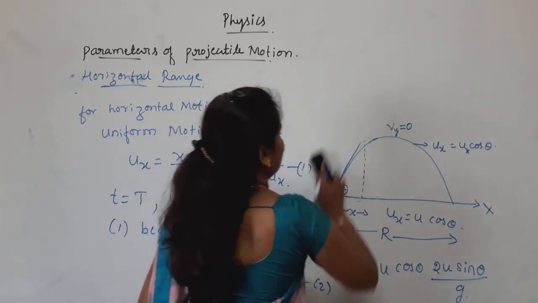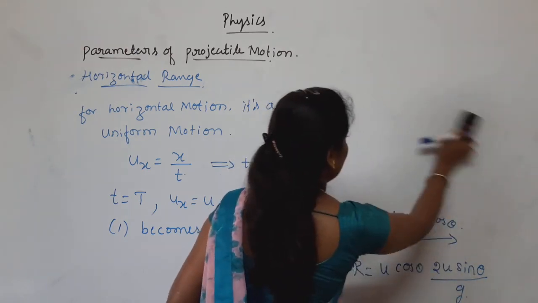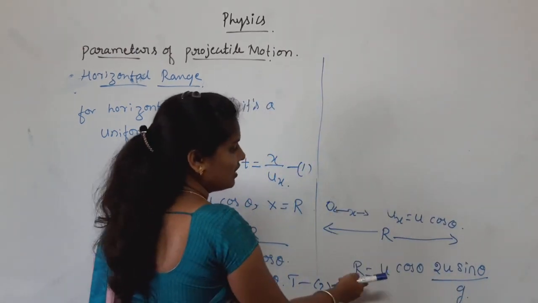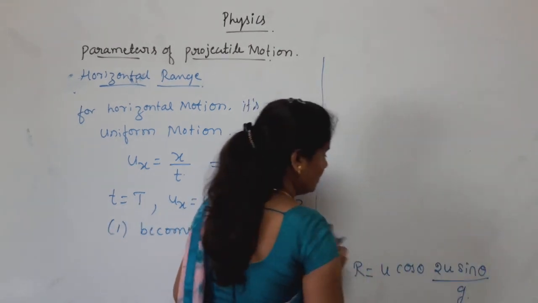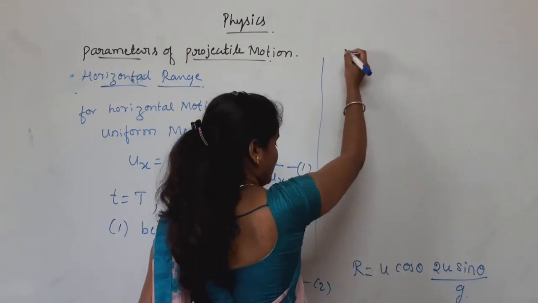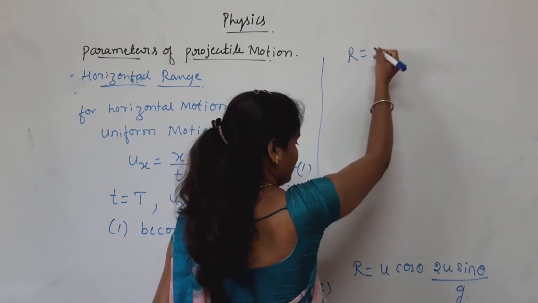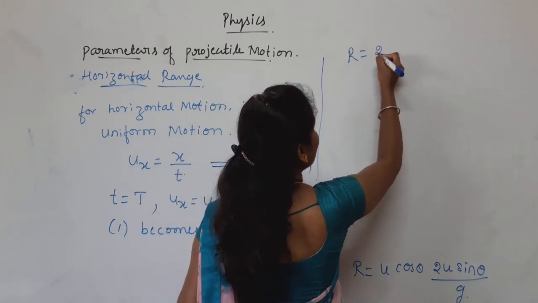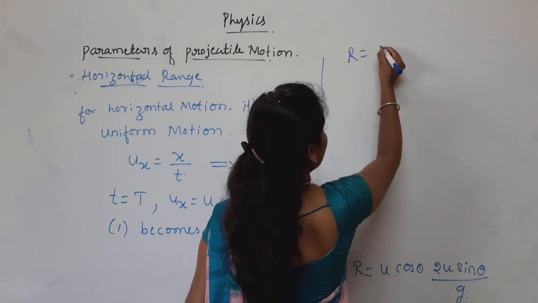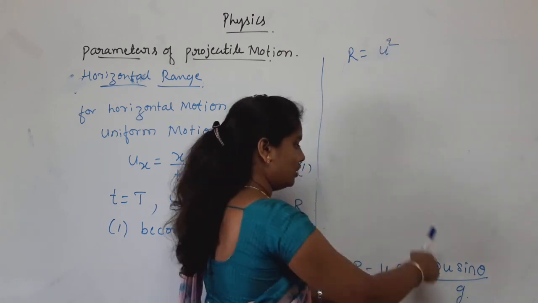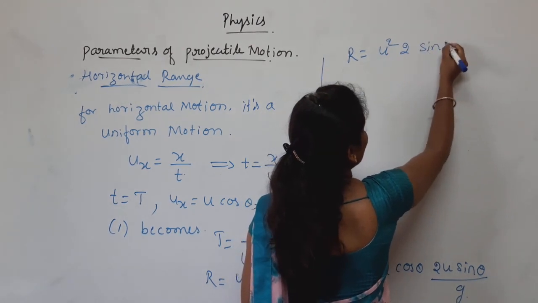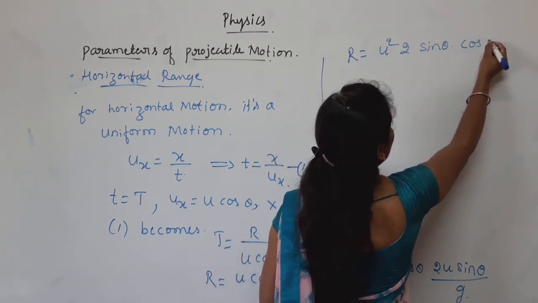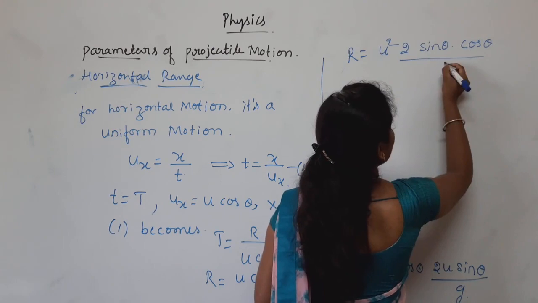So I will write, R equals 2 U square sin theta cos theta divided by g.